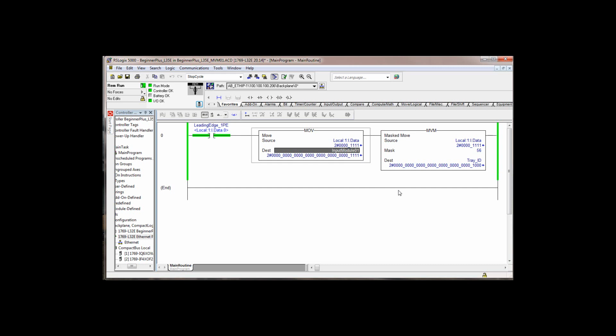If I turn on the next one, you see the value here does not match the value there, but this matches this, right? This matches local 1i data, and of course local 1i data matches this because they're both compared to the same thing. So this has got 5 ones and all zeros. This has got 5 ones and all zeros.